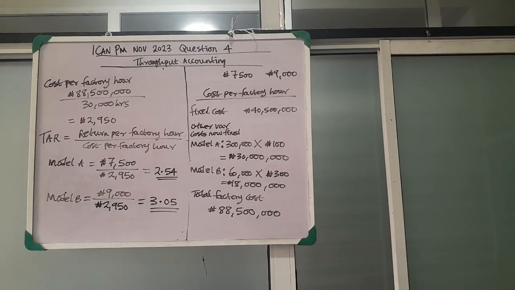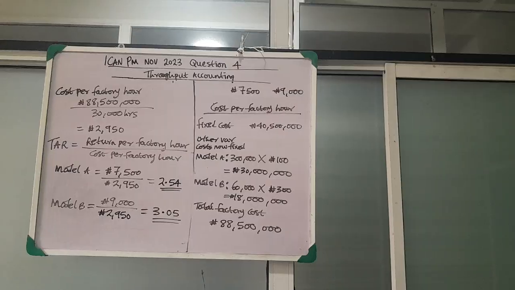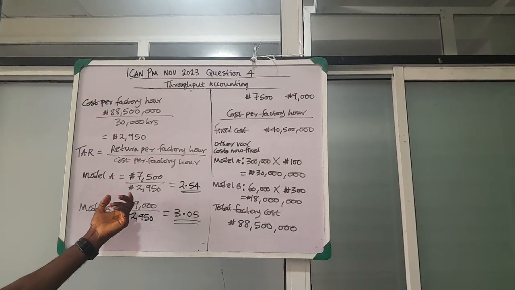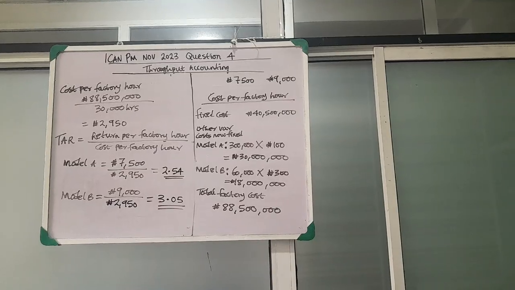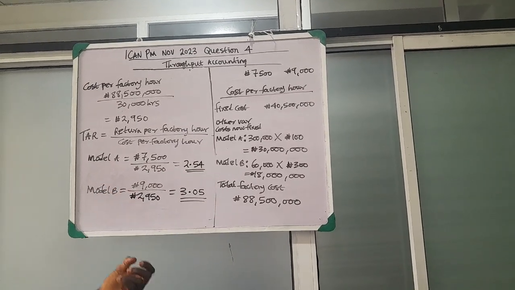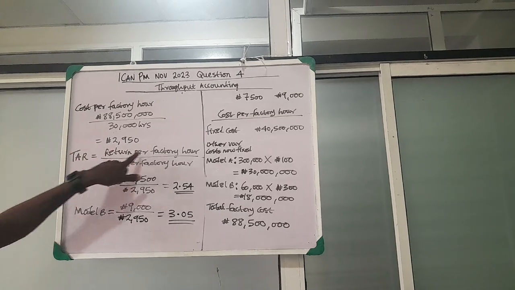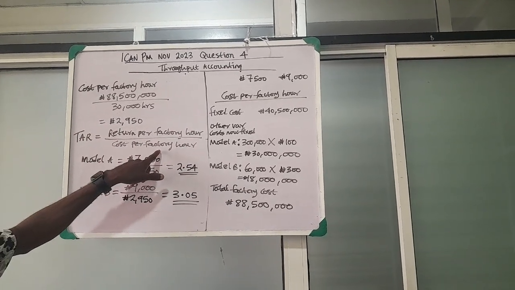Now, considering the two, both products are actually very viable because a throughput accounting ratio that is less than 1 is what is termed as what? Unviable. For it to be less than 1, the return per factory hour should be less than the cost per factory hour.